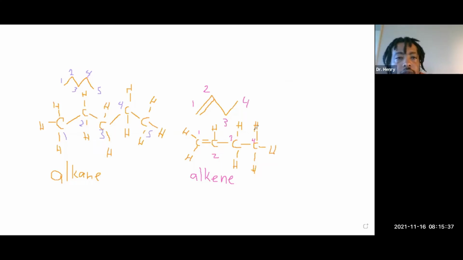Okay, so if we looked at the triple bond, in this case, we have a triple bond on the first carbon.